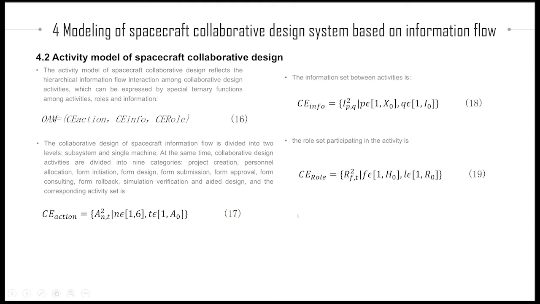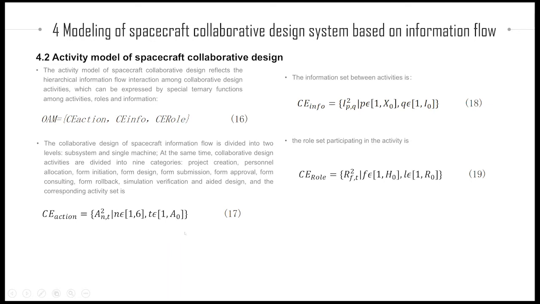Then, the activity model of spacecraft collaborative design. The activity model of spacecraft collaborative design reflects all the information flow interaction among collaborative design activities, as expressed in Formula 16. The collaborative design of spacecraft information flow is divided into 2 levels, subsystem and single machine.